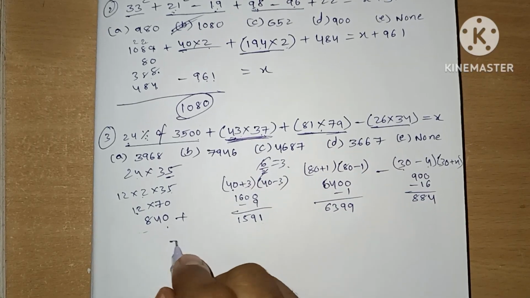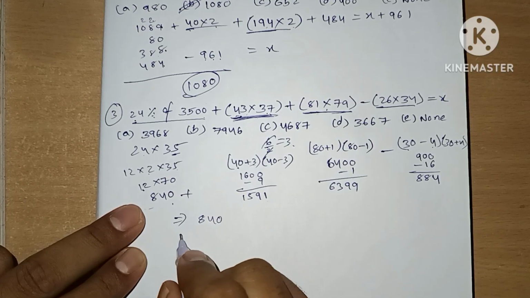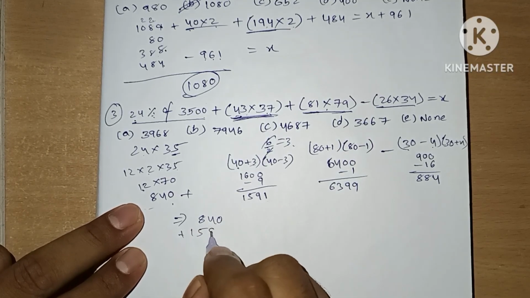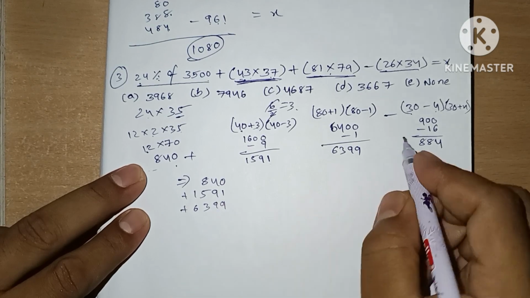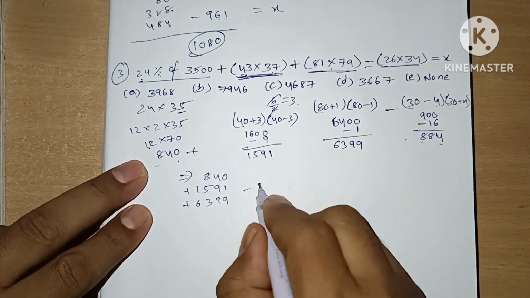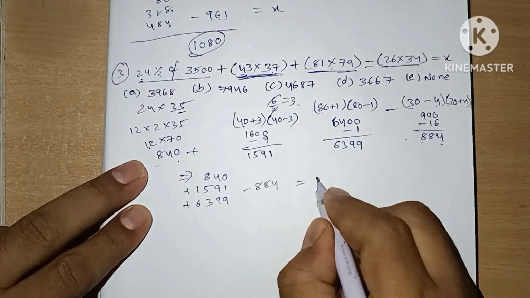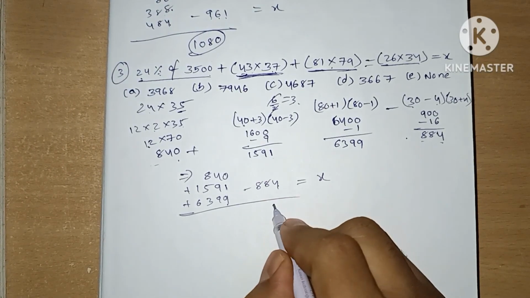So totally we have 840 plus 1591 plus 6399, minus 884, whole equals x. We have 10 minus 4, which will be 6.